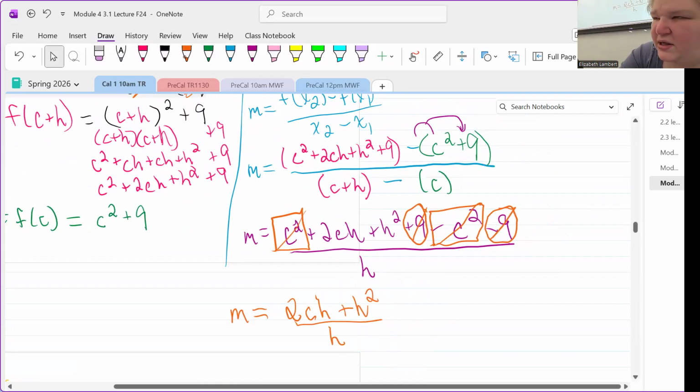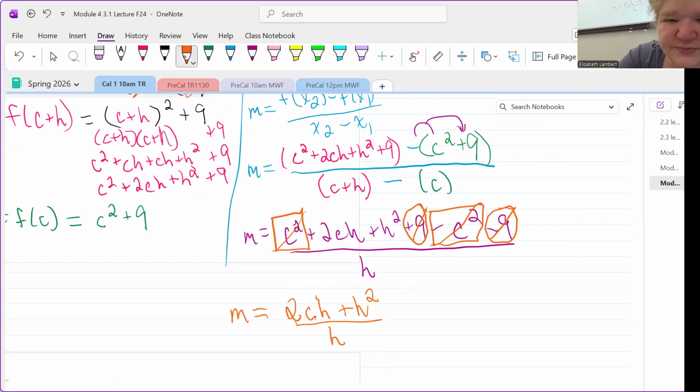Now notice with our leftovers here, everything on top has an h. So we want to cancel that h out, but now I know some people, it's really tempting to just cross off an h on top, cross off an h on the bottom and be like, that's fine. And as long as you do it correctly, sure, but it's really easy to make a mistake there.